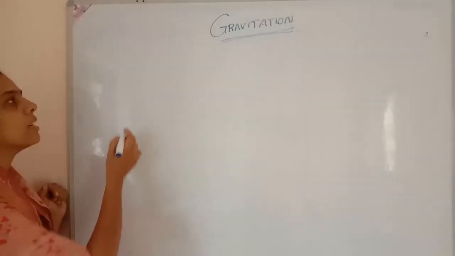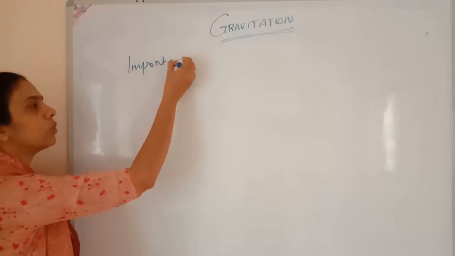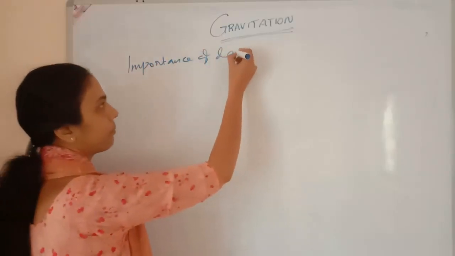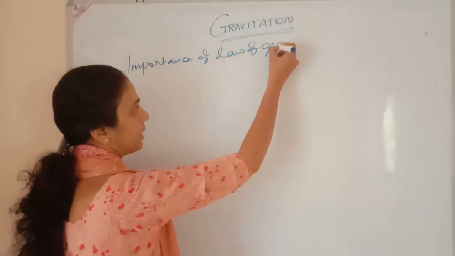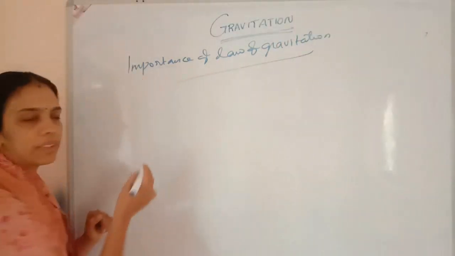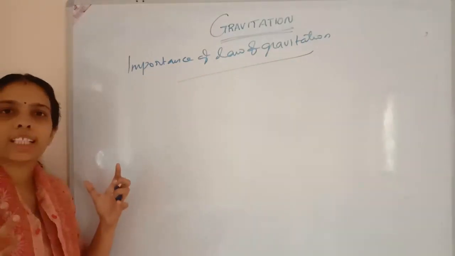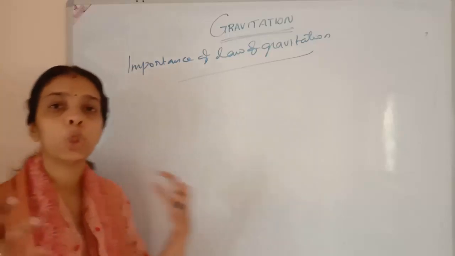Next, what is the importance of the universal law of gravitation? The importance of Newton's law of gravitation, or universal law of gravitation, is that it is the force that binds us to the earth.